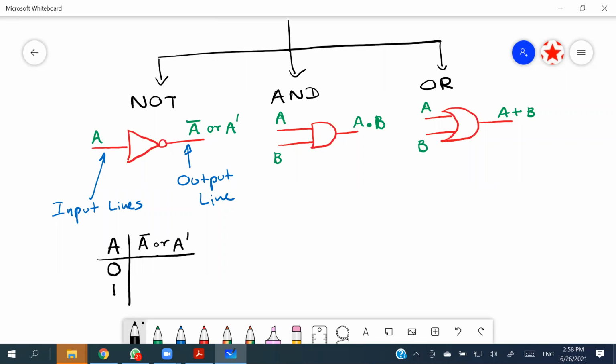So when a particular input goes through a NOT gate, it will output the opposite of the input, right? So 0 is given, the opposite of the input is going to be 1.